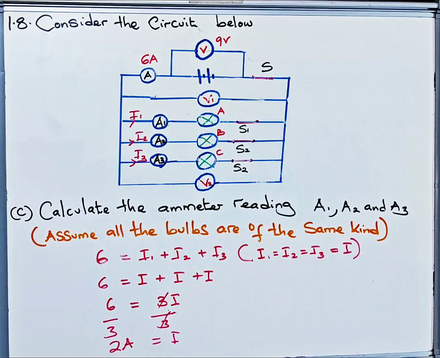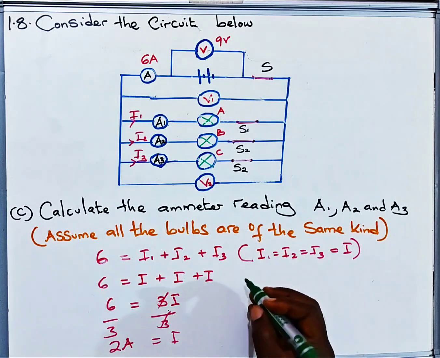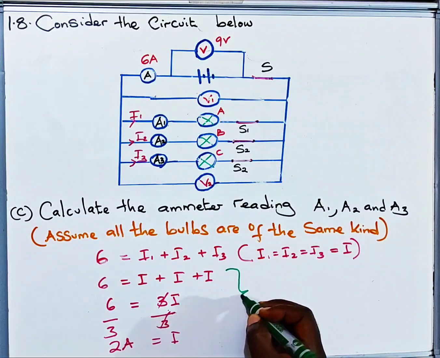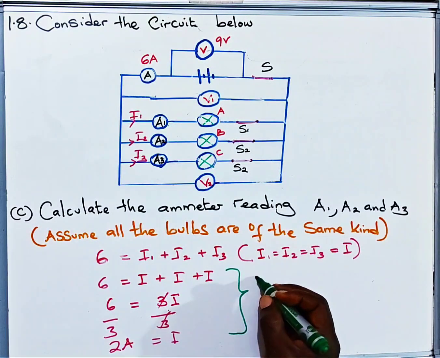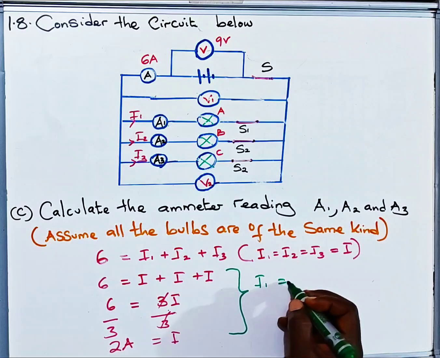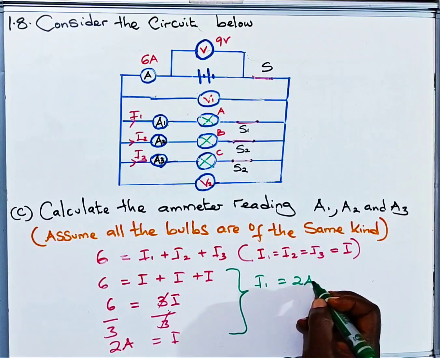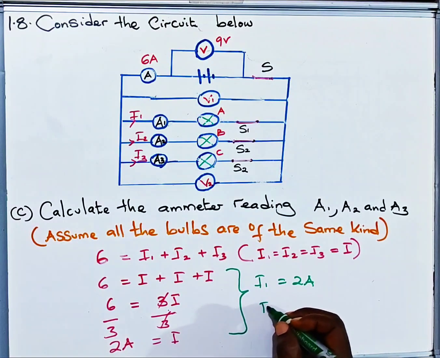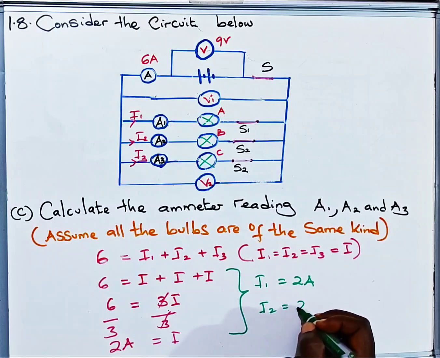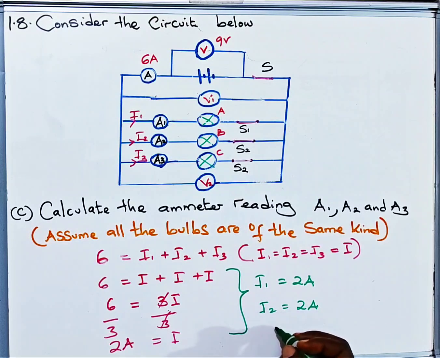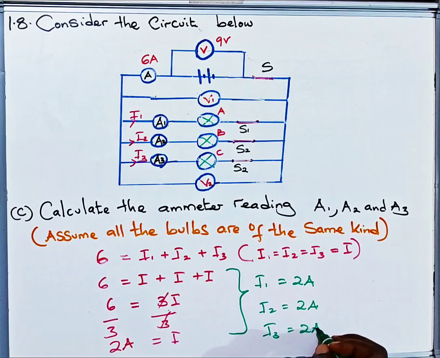So from here, we can confidently say that I1 is 2 ampere, and I2 is also 2 ampere, and the same applies to I3, which is also 2 ampere.